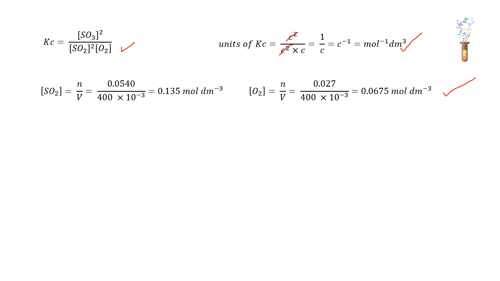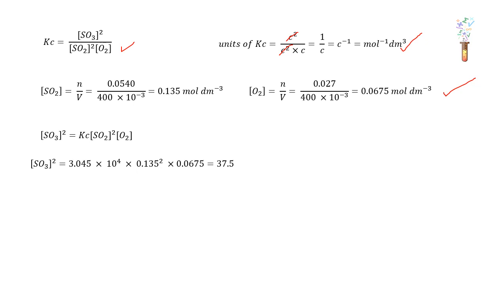If you then rearrange the expression, so that you have SO3 squared, you'll see that it's Kc times SO2 squared times O2. You could get rid of the squared and square root all of this at this point, but I'm going to actually work it out like this so that I don't have to worry too much about brackets and things on my calculator. I'm going to put the numbers in. We were given this, we've worked out these two, and we get this answer.